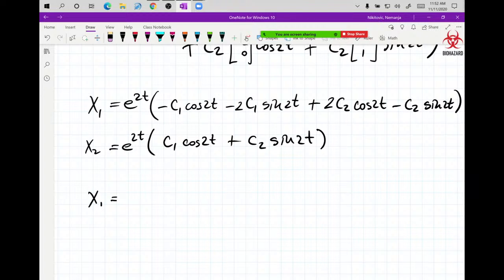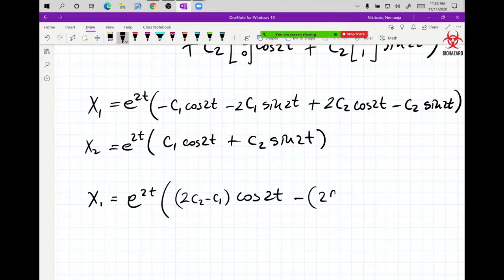So x1 simplifies into, put my two cosine terms together, and I'll get 2c2 minus c1 times cosine 2t, and put my sines together. That's going to be minus 2c1 plus c2 times sine 2t, and that's after algebra.